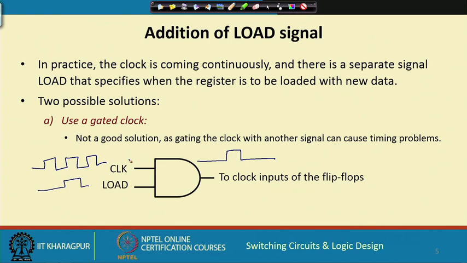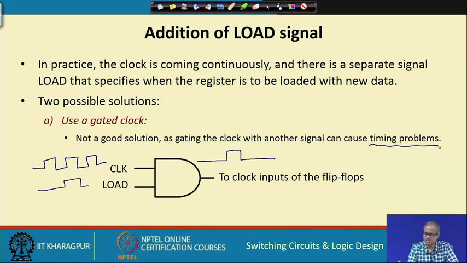So, during that time there can be some error in loading or not loading. So, it might get loaded, might not get loaded. So, this solution has a timing issue, there can be a timing problem. If you do not apply the signal in exact timing sequence, there can be an issue. Okay. This can cause timing problems.